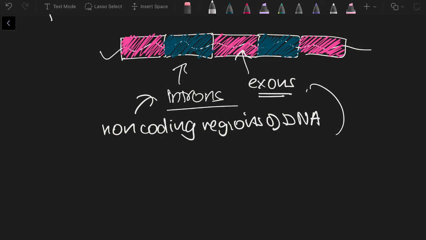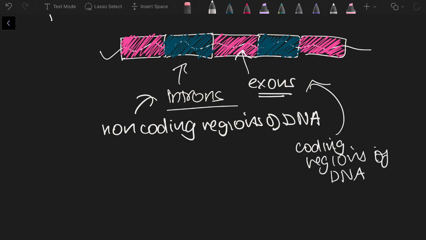These are your coding regions that are involved in the translation process. So introns need to be removed from the pre-mRNA during RNA processing in order to form mature mRNA, which is an mRNA that can be read by the ribosome to make the amino acids needed to make specific proteins.